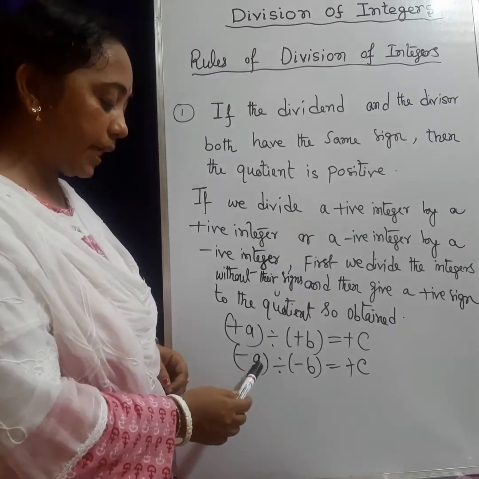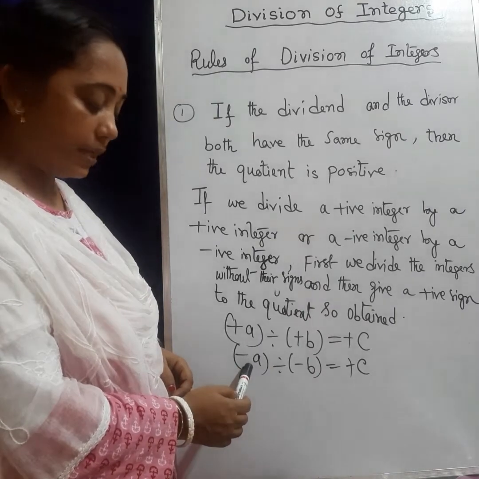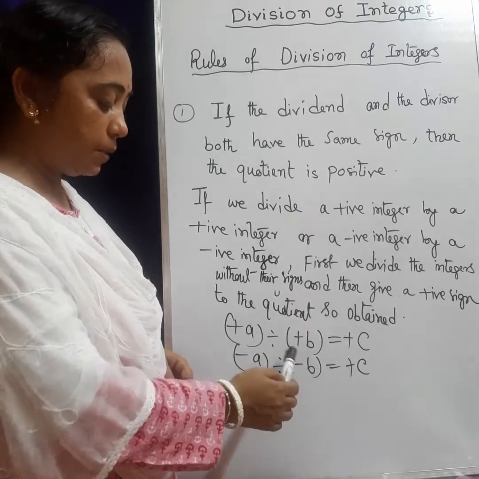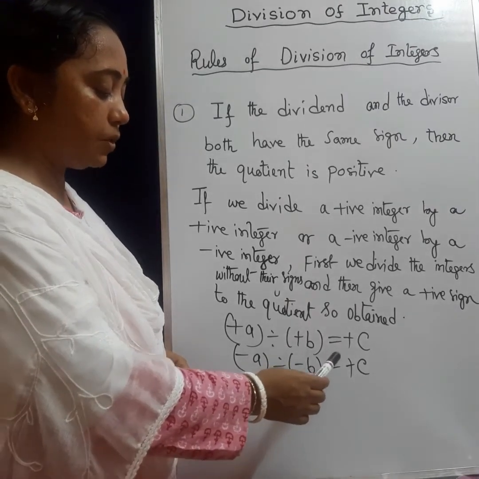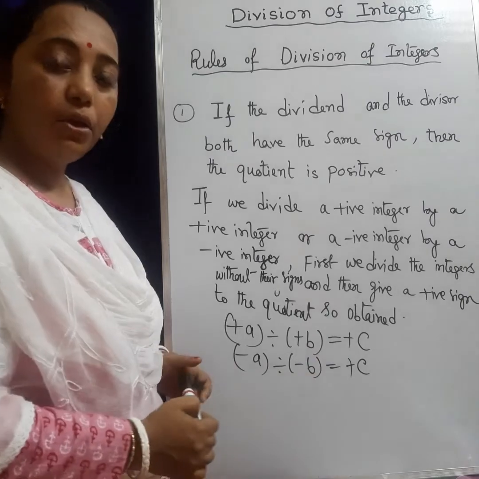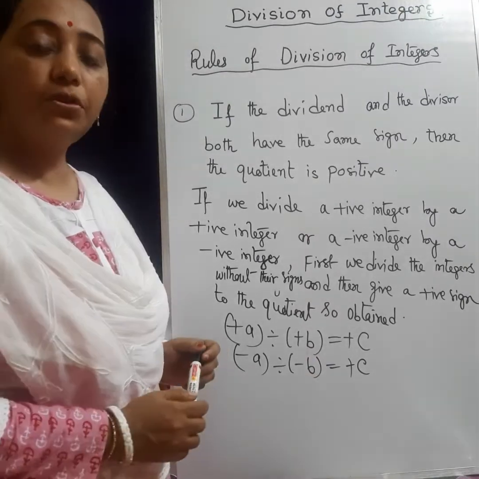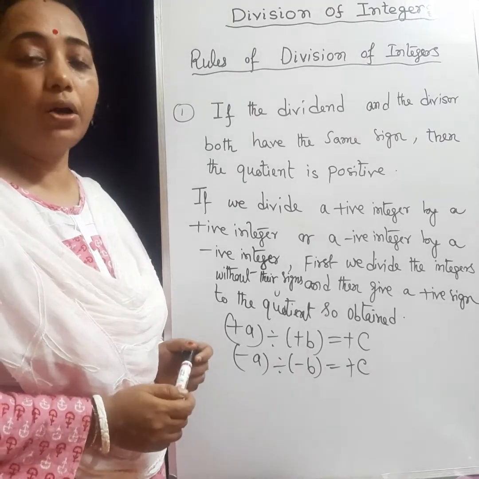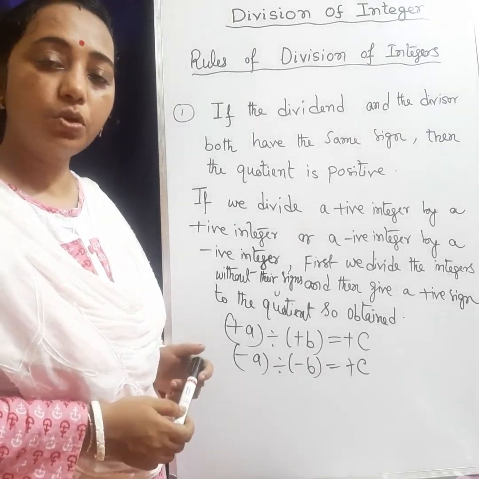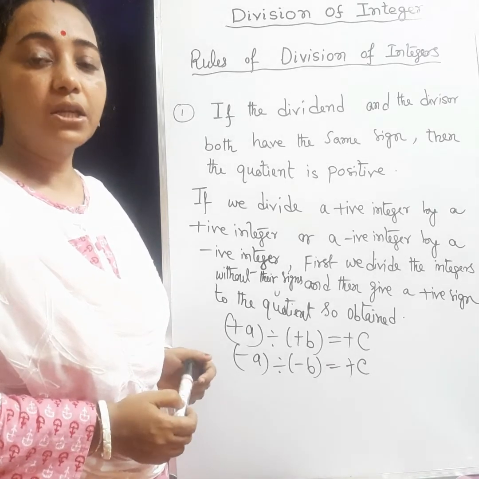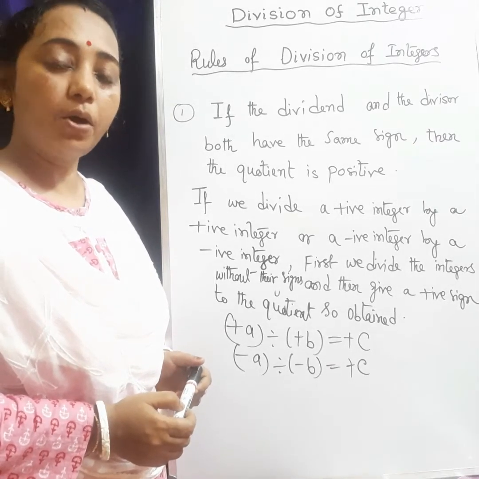Similarly, if the dividend is minus a and the divisor is minus b, then minus a divided by minus b will again give a positive quotient. So if the dividend and divisor are both of the same sign, either both positive or both negative, the quotient will always be positive.